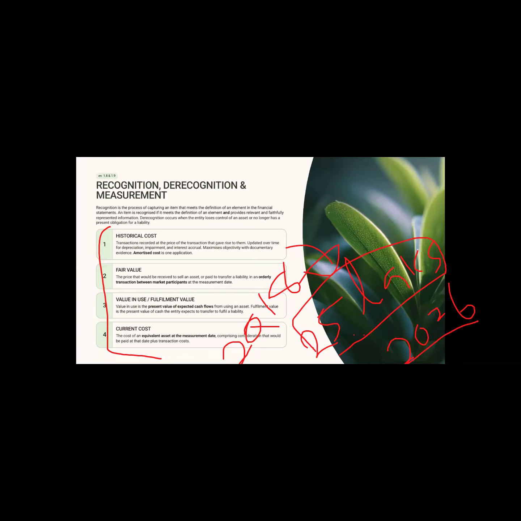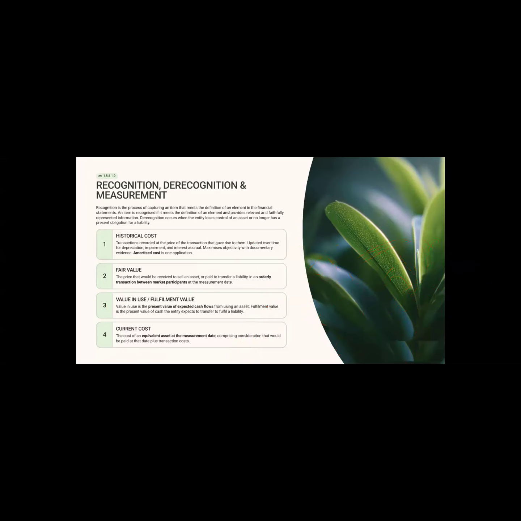There might be an increment or there might be a decrease. But without looking at that, we are just recording this 25 lakhs in 2026 also. If it's so, we are telling that method as historical cost. Okay, historical cost is that one.